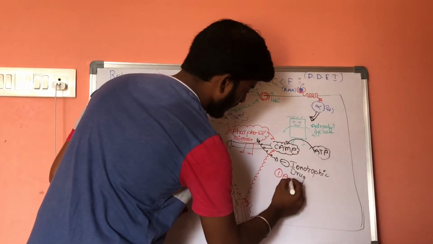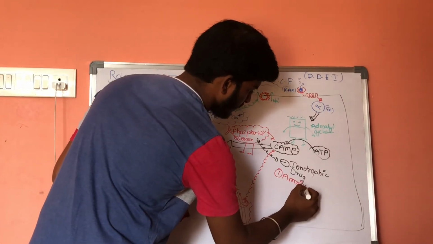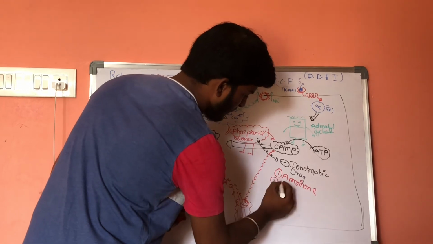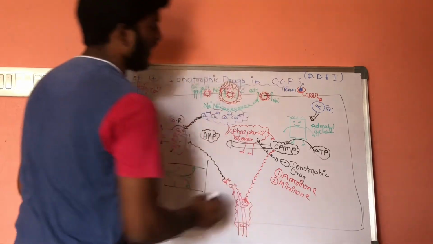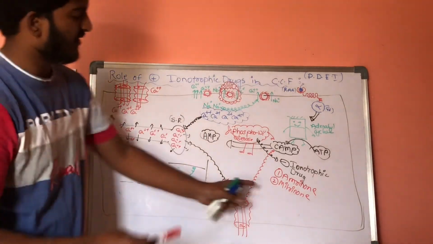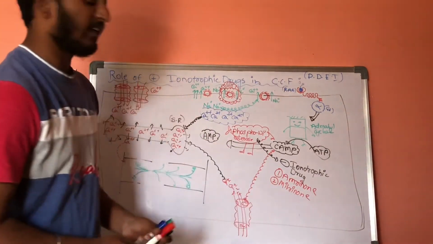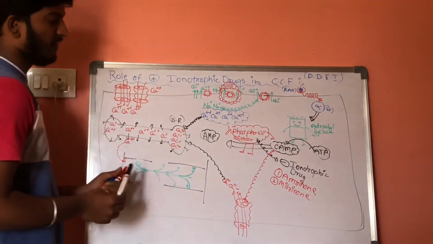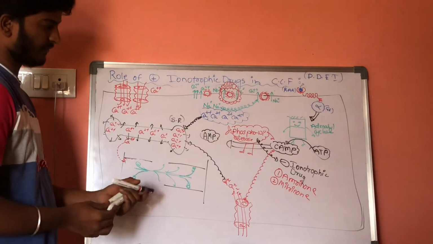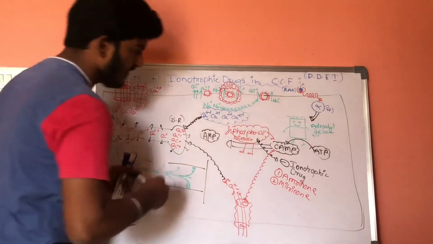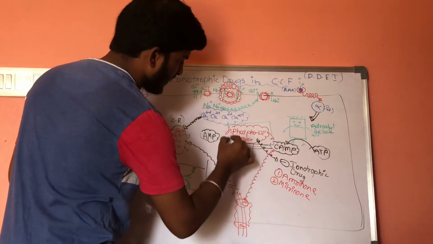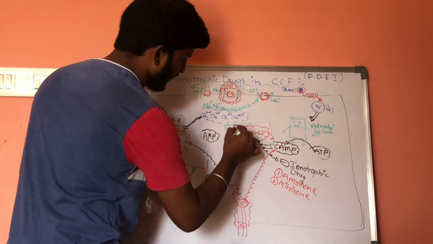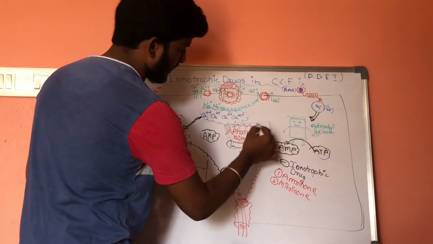First one is amrinone and second one is milrinone. These are the two special drugs. The function of these drugs is that they will inhibit this phosphodiesterase.